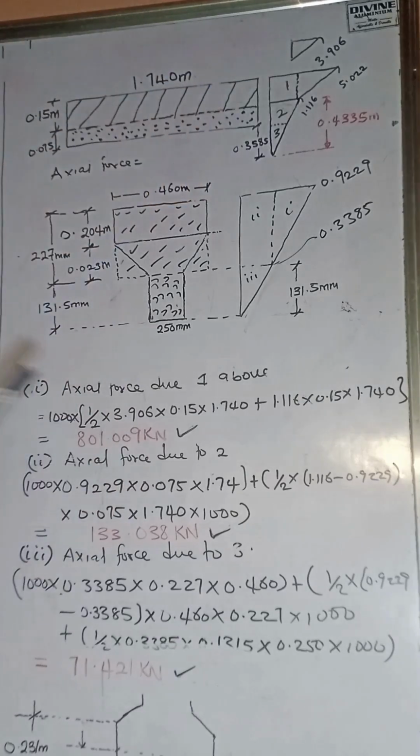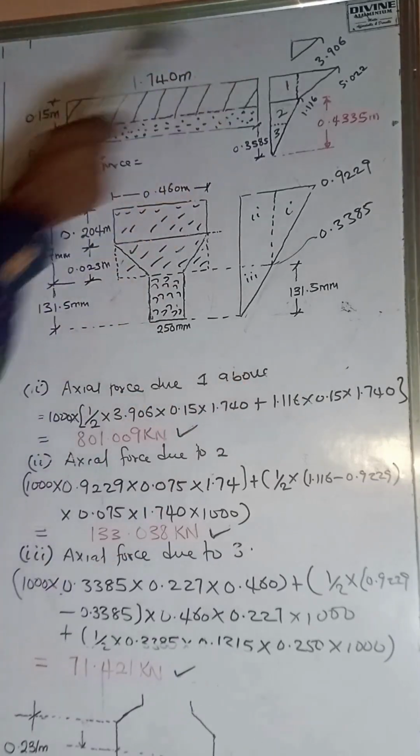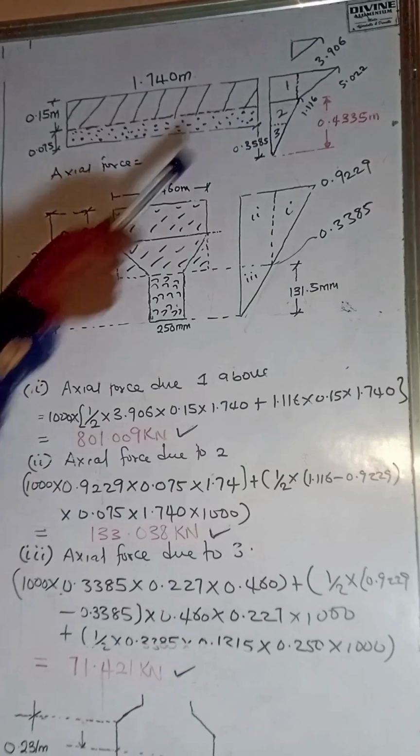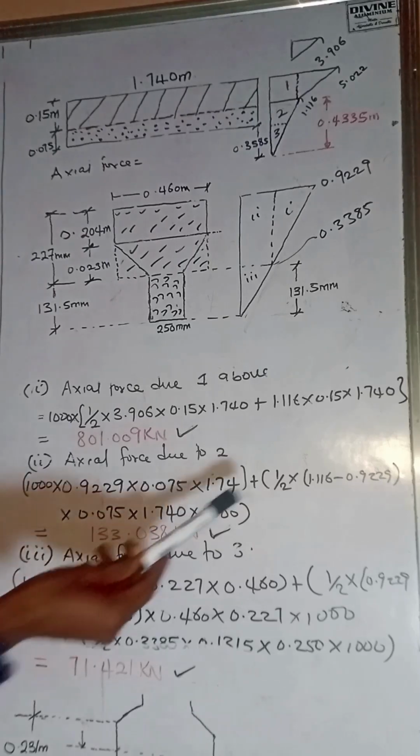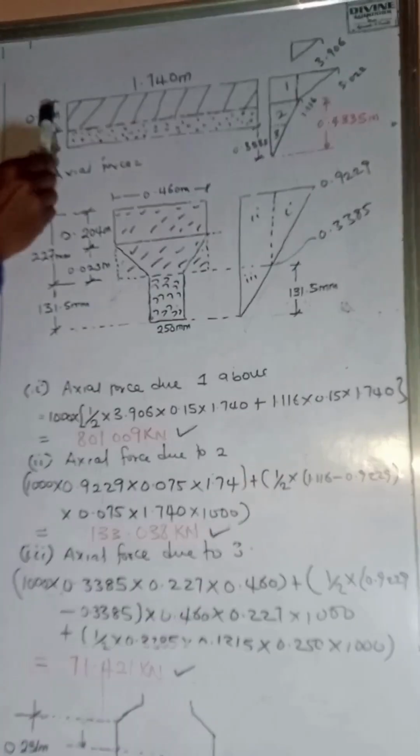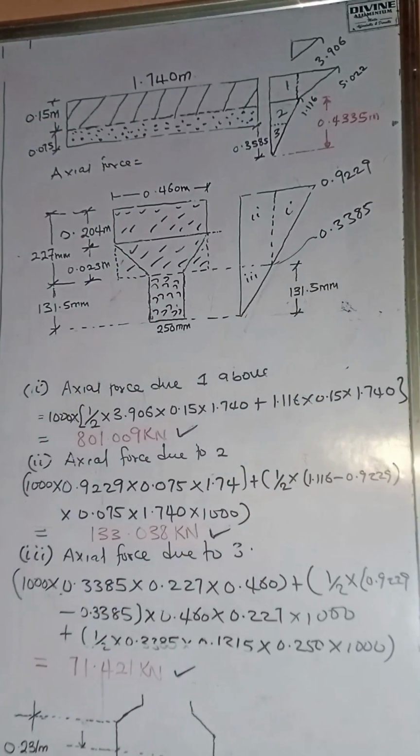Plus this small portion, which is 1.116, multiplied by the same area. We have the total force acting on that place to be 801.099. So this is what we have for this portion.